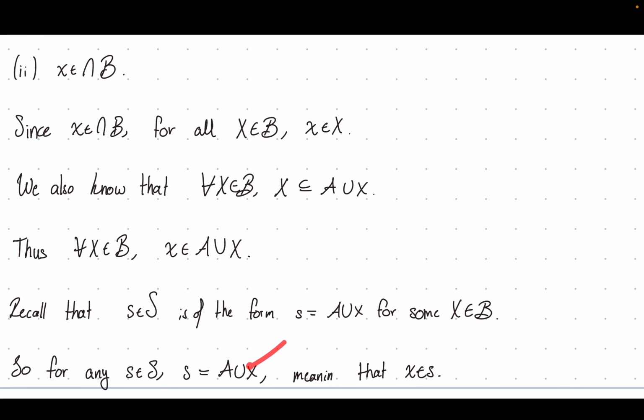And since little x is in every single one of these big X's, then x has to be in this little s. Okay, I think the G and the Y got dragged out. Let me just double check. Yeah, here they are.